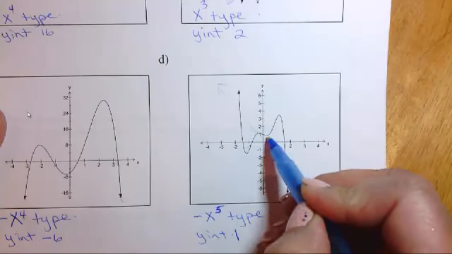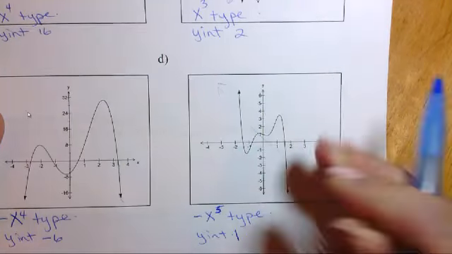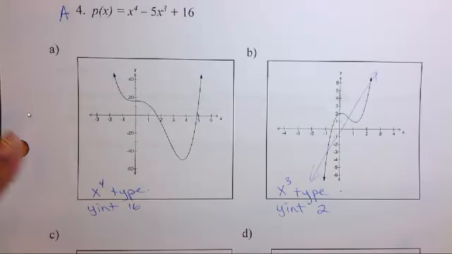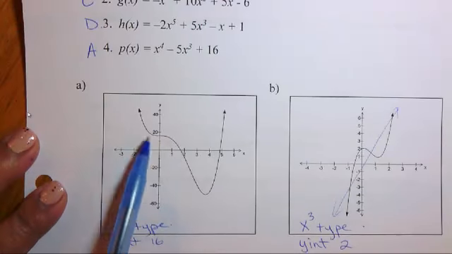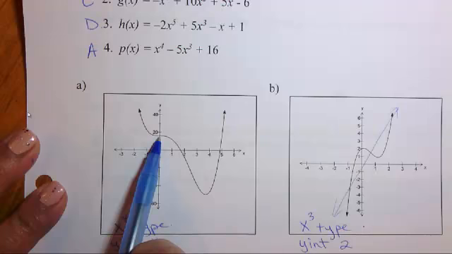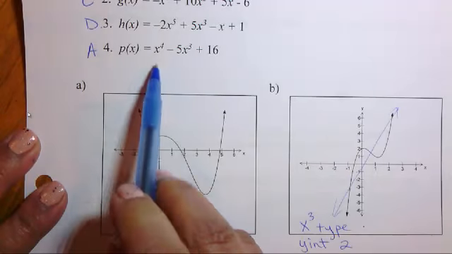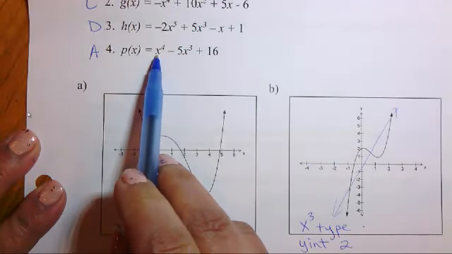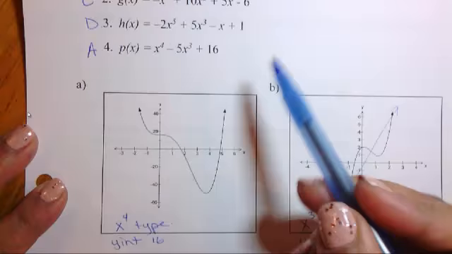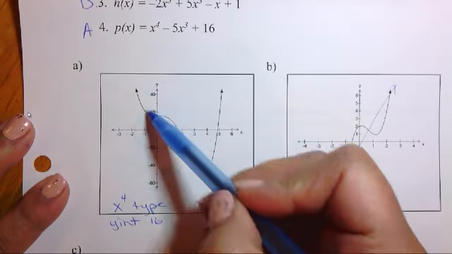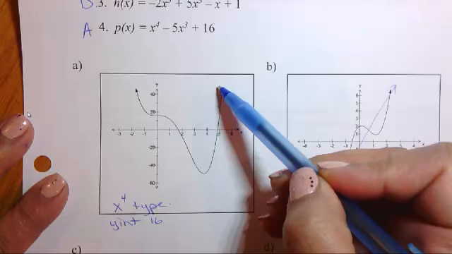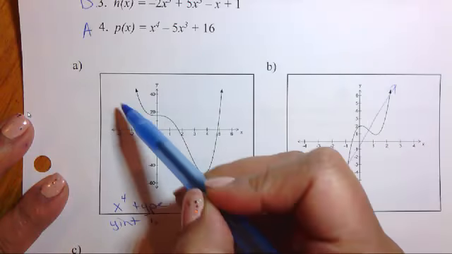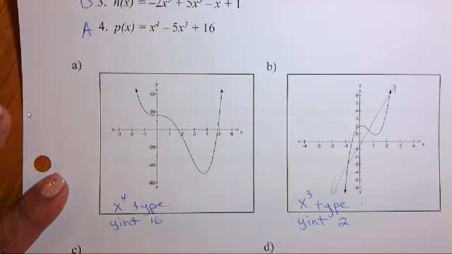So you've got 1, 2, 3, 4 bumps going on in there. And number 4 matched up with A, you've got your y-intercept of 16, and it's a positive leading coefficient, and it's the x to the 4th type. So both end behavior points in the positive direction.